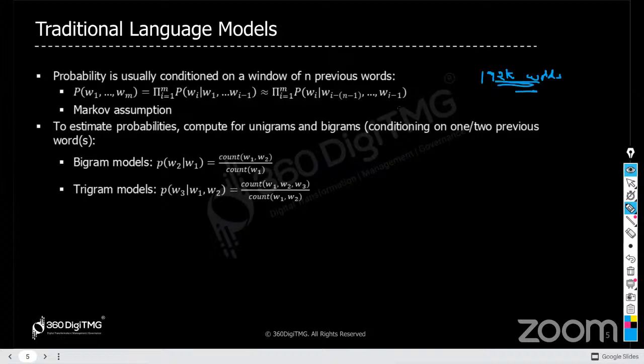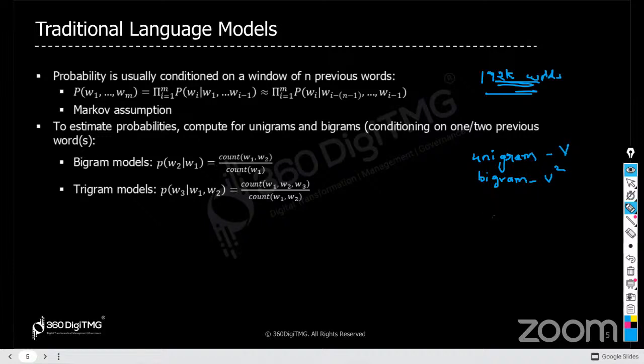Unigram means you have V number of words, and bigram means you have around V square words.